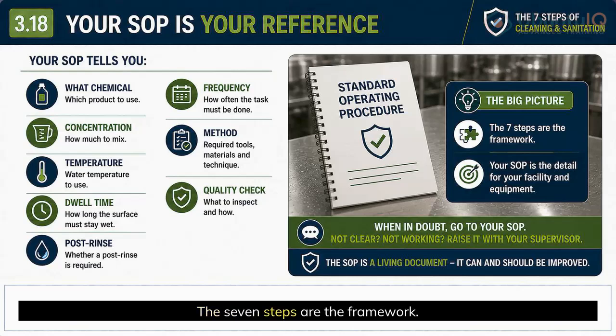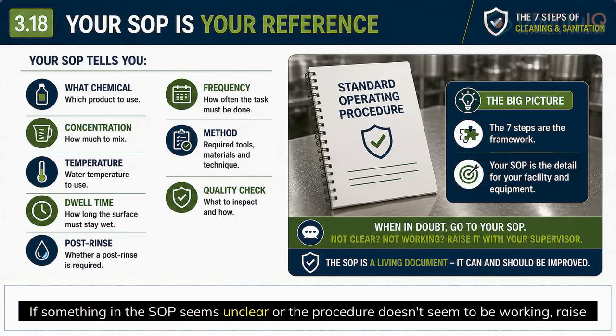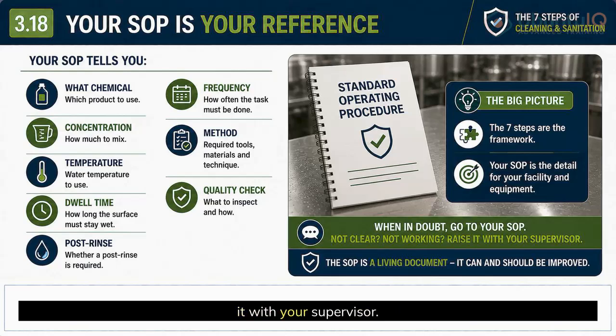The 7 steps are the framework. Your SOP is the detail specific to your facility and your equipment. When in doubt, go to your SOP. If something in the SOP seems unclear, or the procedure doesn't seem to be working, raise it with your supervisor. The SOP is a living document, not a fixed rule. It can and should be improved.